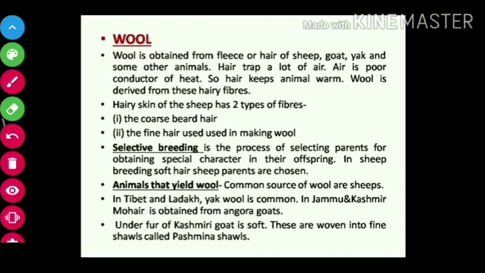Next, the hairy skin of the sheep has two types of fibers. What are the two types of fibers, sir? Two types of fibers are coarse beard hair and fine hair. Coarse is what? Which is rough. When you touch sugar, you feel a rough feeling. That is coarse.